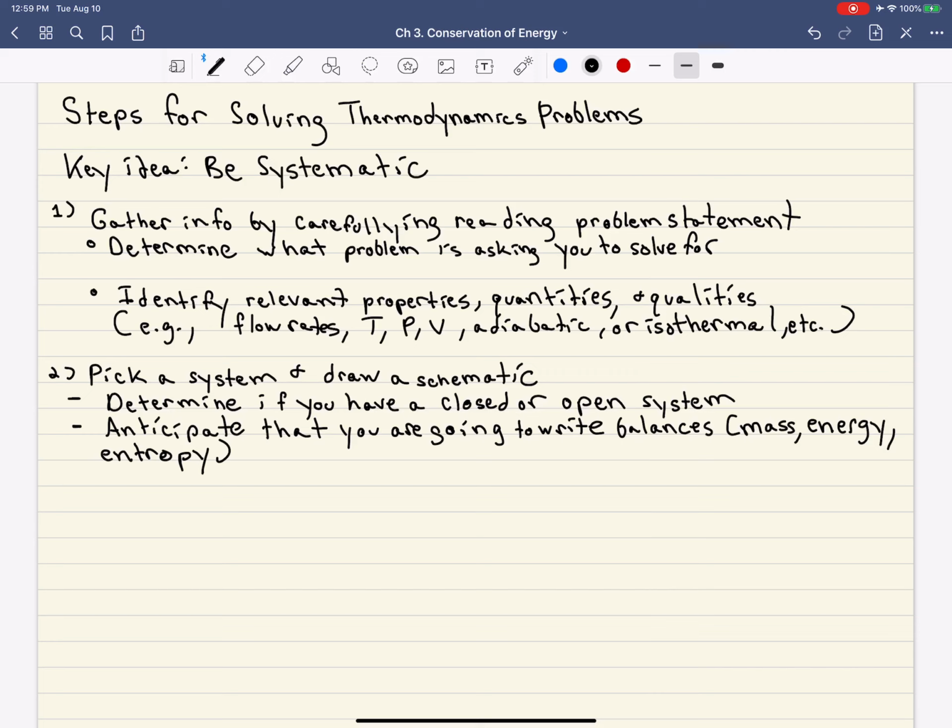Alright, so once you've drawn out your system and you have a decent idea of what's going on, and you've also identified what information you know, what you need to start doing now is count out the number of unknowns that you have.